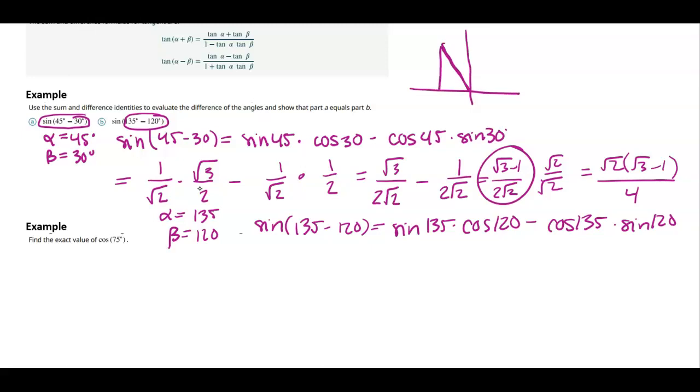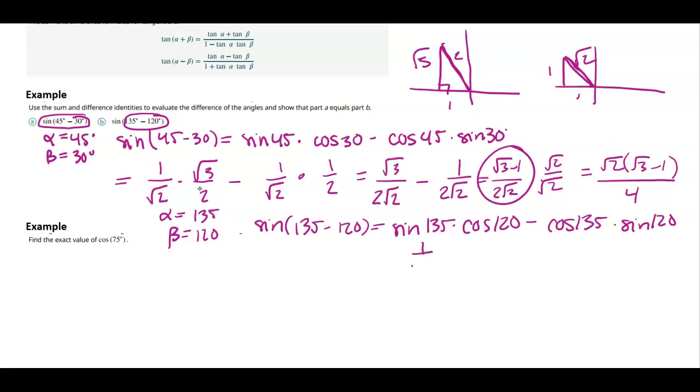And 120 degrees would be here. 135 would be a 45, 45, 90 here. All right, the sine of 135 times the cosine of 120, minus, and then the cosine of, sorry, I have these backwards.